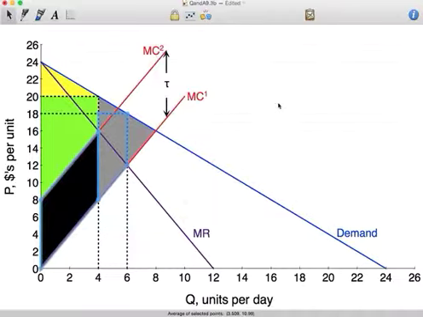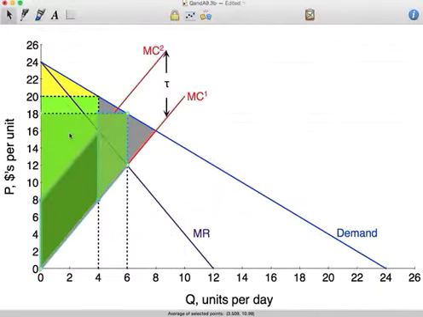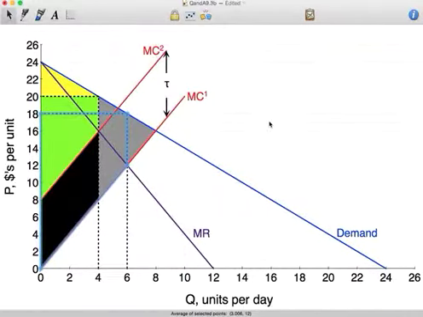You can see that there's a dramatic increase in deadweight loss by the imposition of the tax. And if we highlight the original area, here's the original area of producer surplus. And that shrinks quite a bit because now we have to account for tax revenue and additional deadweight loss. So even though consumer surplus was converted to producer surplus, this also has a dramatic impact on the monopolist. Their producer surplus decreases also.